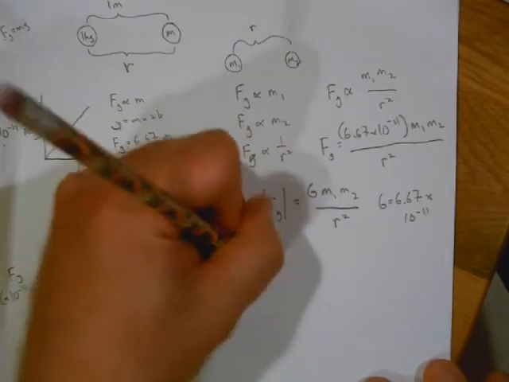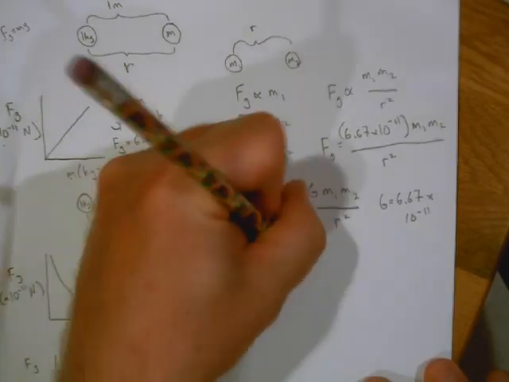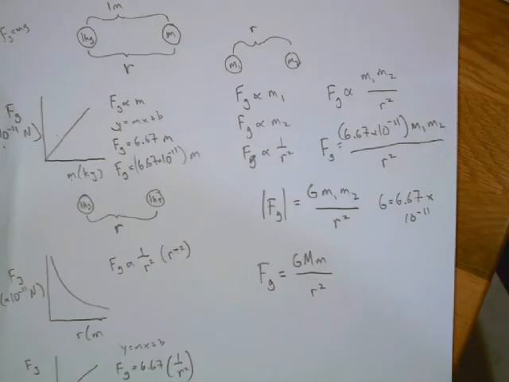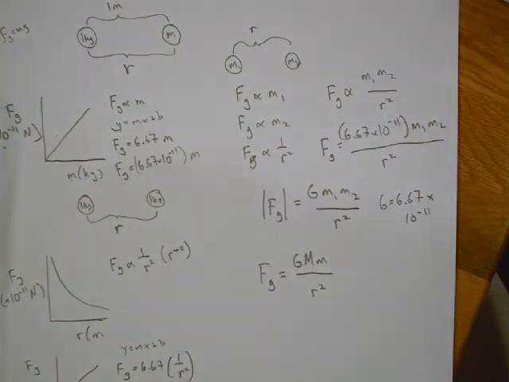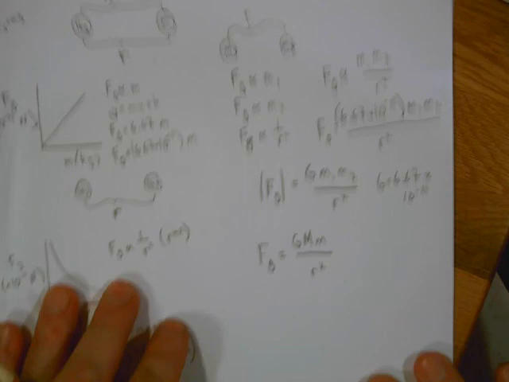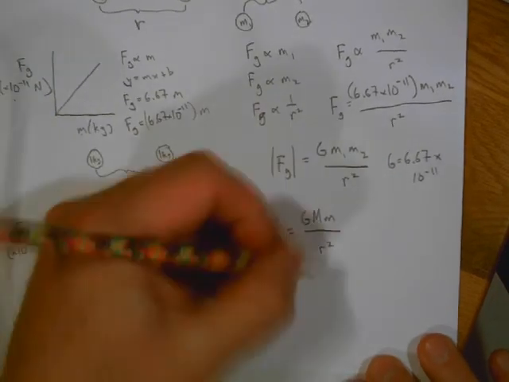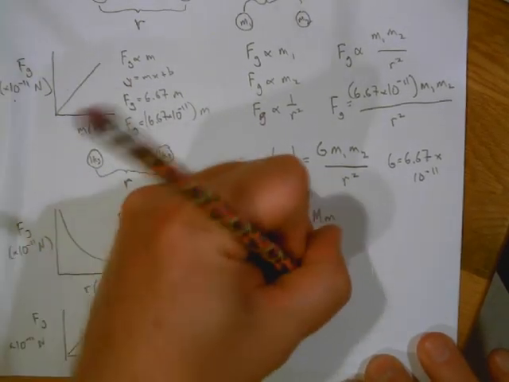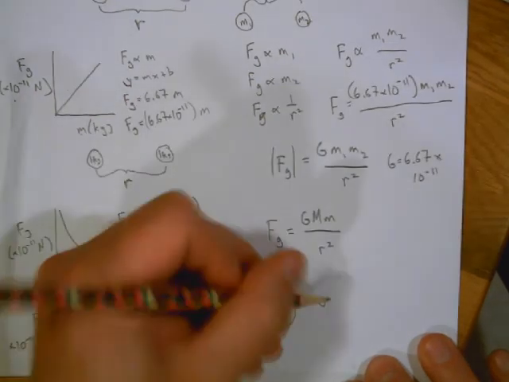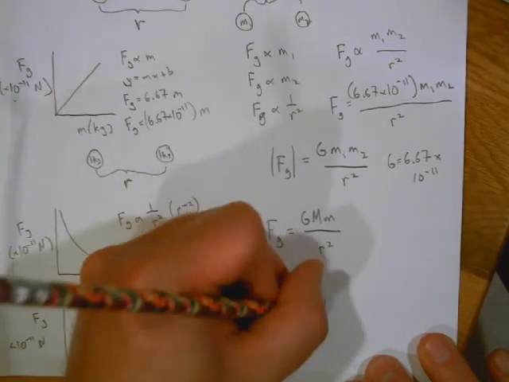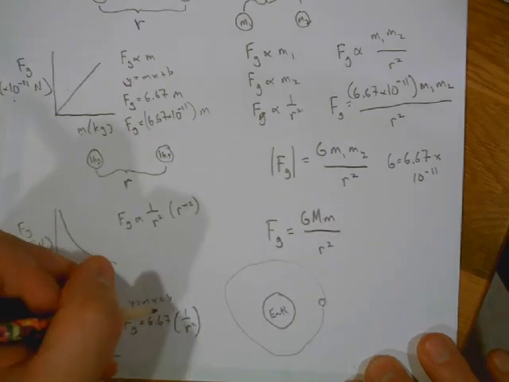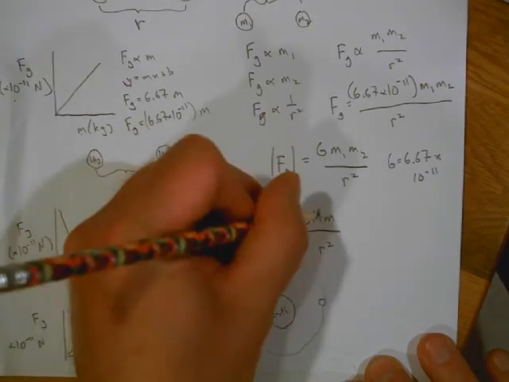Now, most of the time when I write the universal law of gravity, I'm going to write it like this: big M, little m, over r squared. Why would I do that? Most of the time, we are talking about something like the Earth and a satellite orbiting the Earth, a space station, whatever.